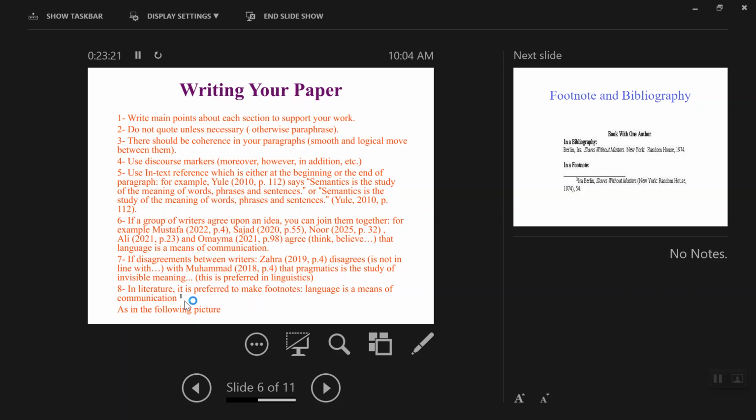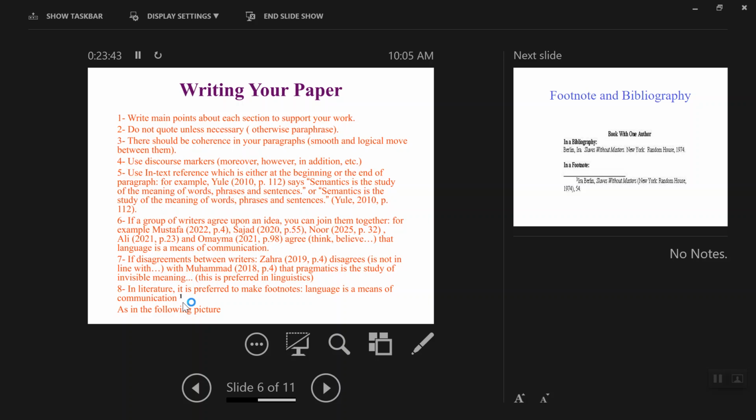For example, to write notes instead of opening brackets, write the last name. For example, my name is Muhammad Hussein Hamza. Take the last name, Hamza, the year, and the page. And instead of this, you write 1. Second paragraph, for example, 2, 3, 4.